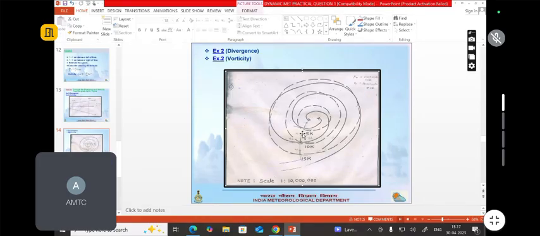Divergence: you have the orthogonal curve. In cyclonic flow, it will move to the left-hand side; in anti-cyclonic flow, it will move to the right-hand side. So by knowing these curves, you can understand the divergence.